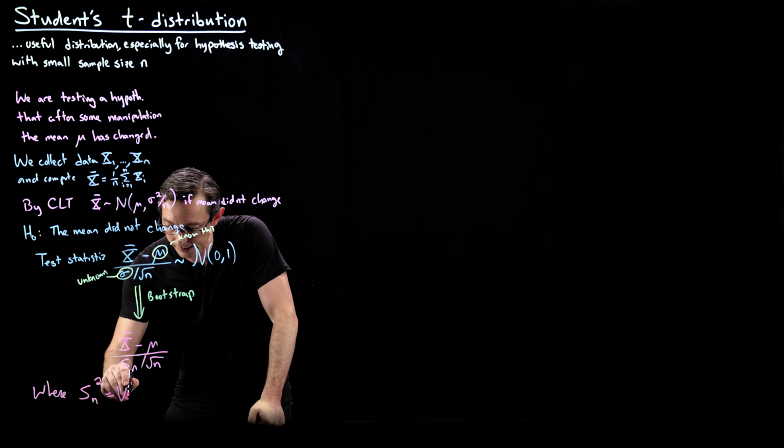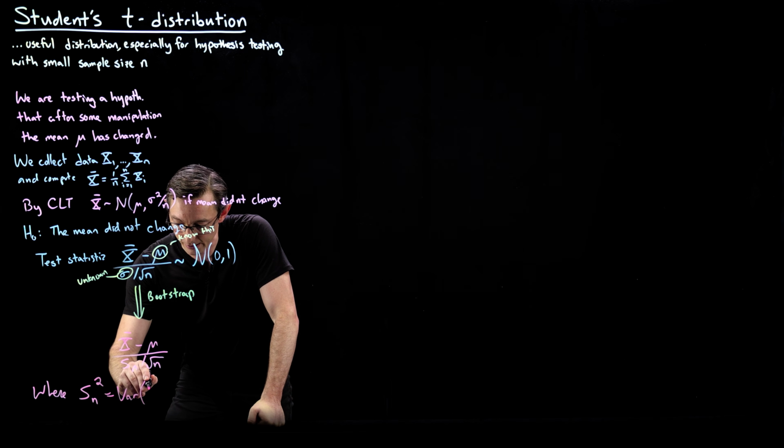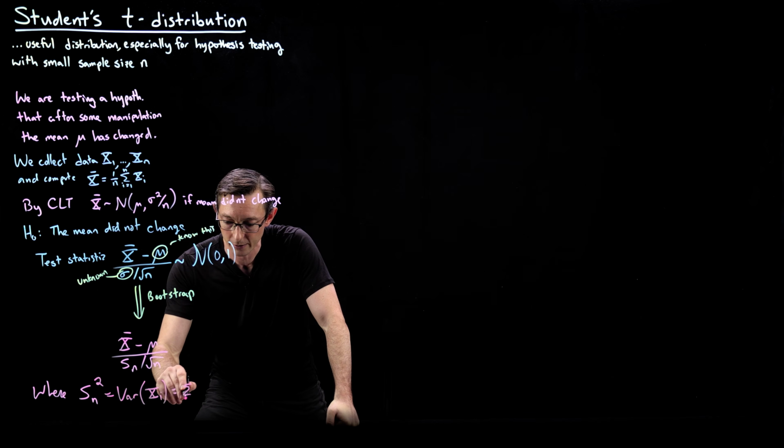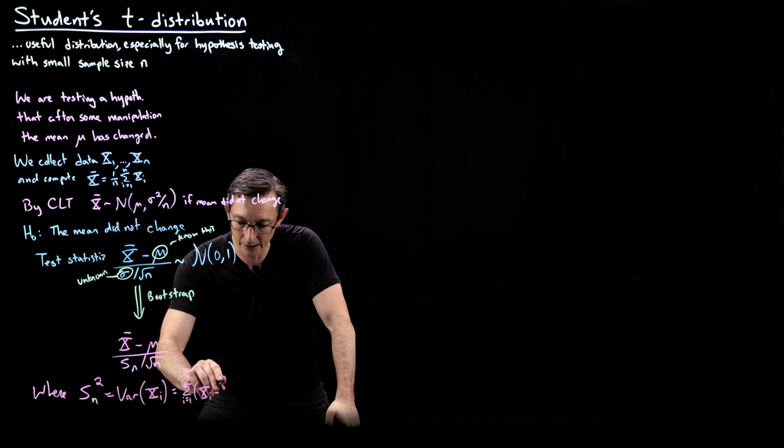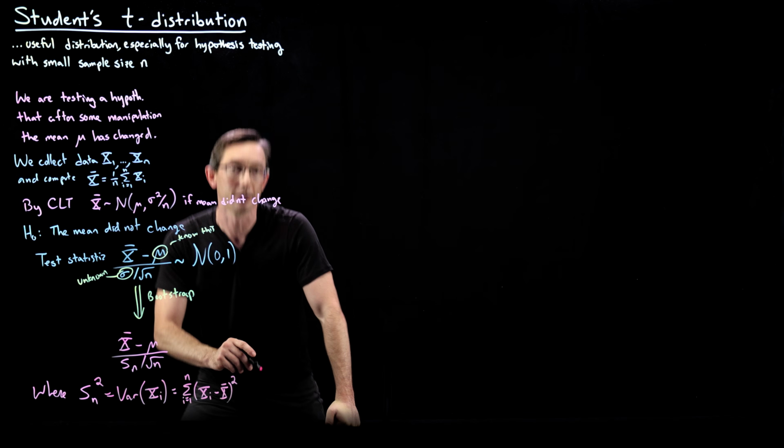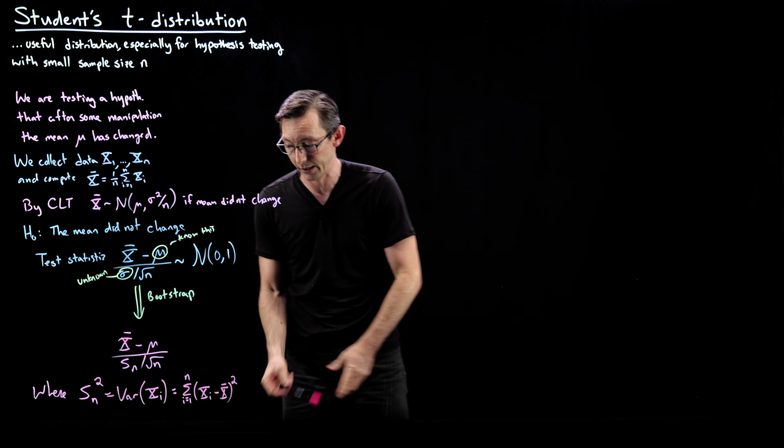It's the variance of all of my data, which is equal to the sum from i equals 1 to n of xi minus x bar squared. This is just the definition of the sample variance.